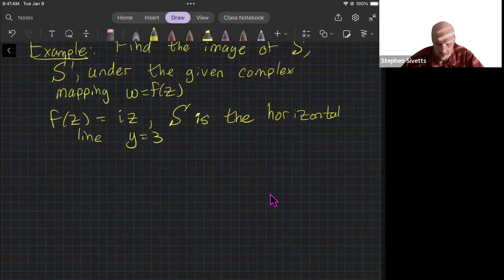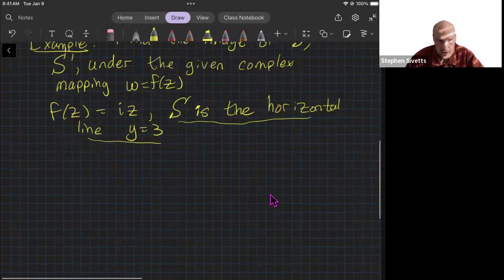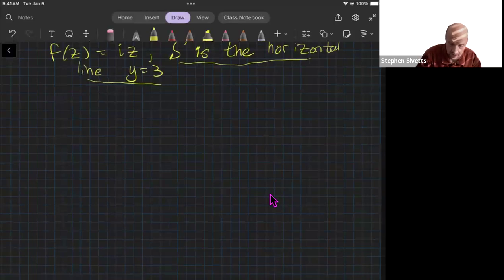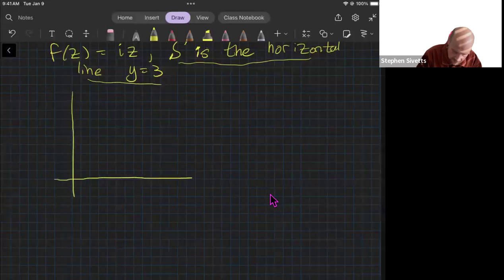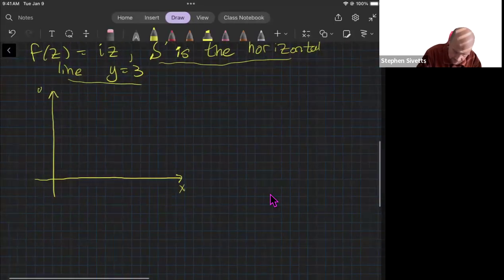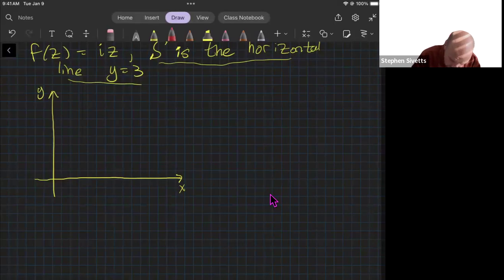Okay, I assume you worked on this example. Let's actually look at the image of this given set. This is the xy plane, and we're going to look at the images of the set under the line y equals 3. For sake of demonstration, y equals 3 would be this line here, going on indefinitely.